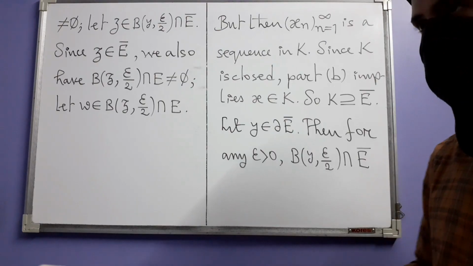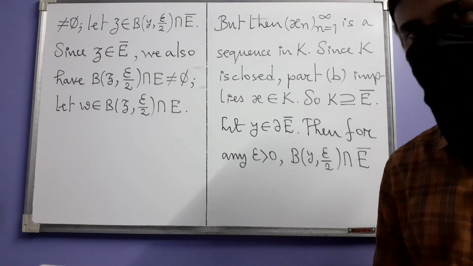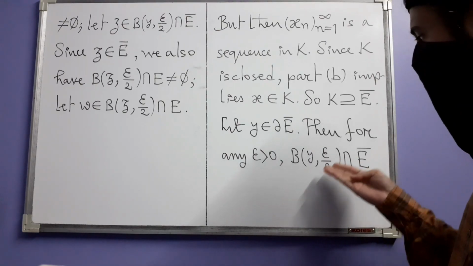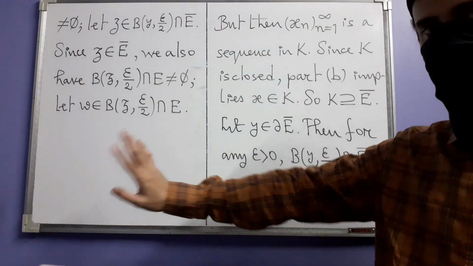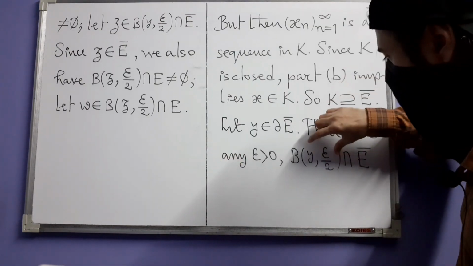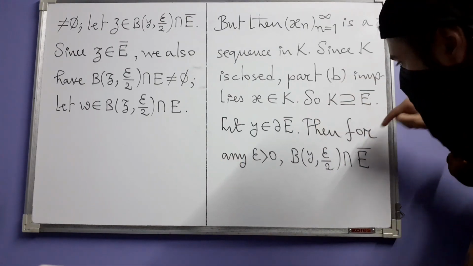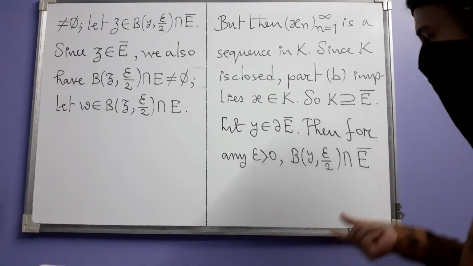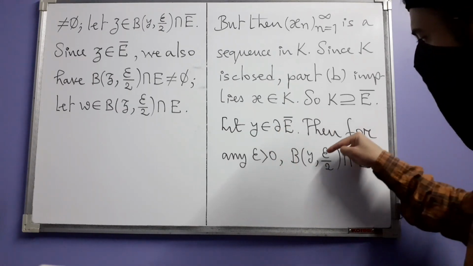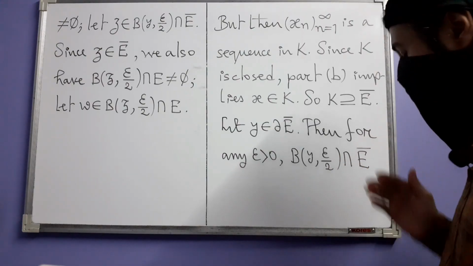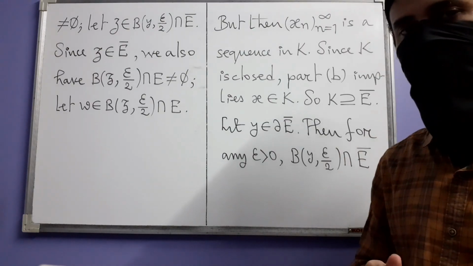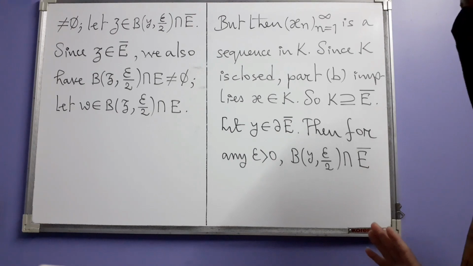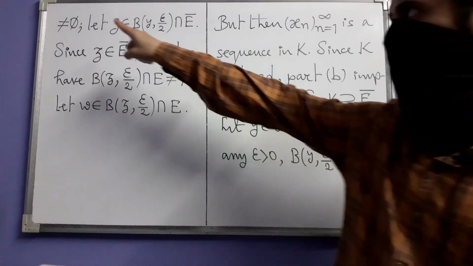If you want, you can just take epsilon here as well, but for some reason I have chosen epsilon divided by 2. You will see why. This ball will intersect the set whose boundary you are considering here, and that set is E bar. Actually, this ball will intersect both E bar and its complement, but this is what we need. So this intersection is non-empty.